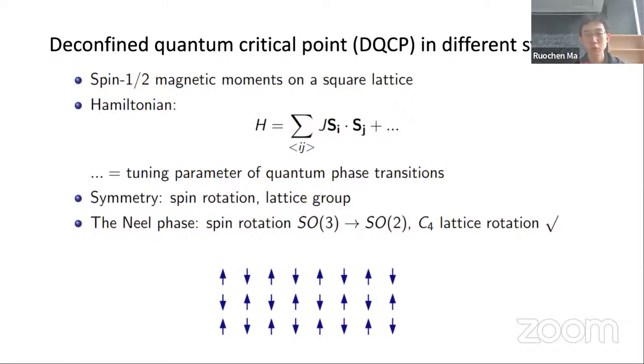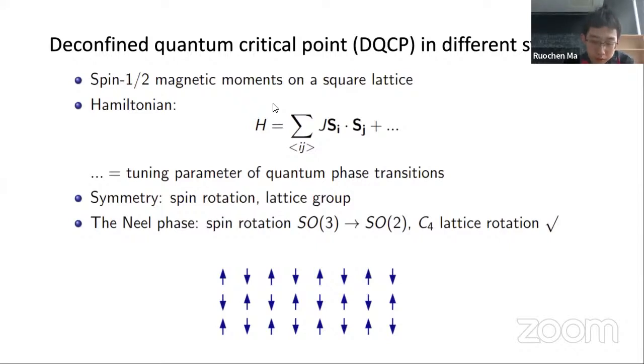I will talk about two different setups where it has been established that such an exotic quantum phase transition can happen. The first example, probably the most well-known one, is the DQCP in a two-dimensional spin model.